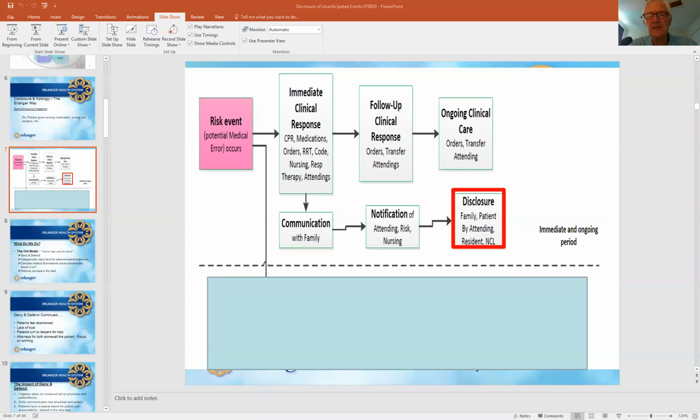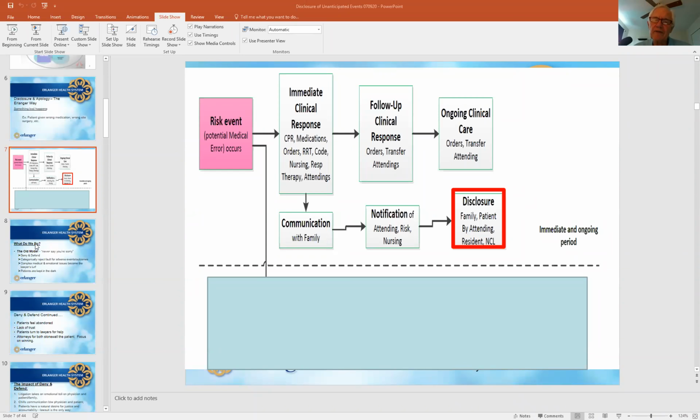And obviously that's around the medical care for that patient, whether it's giving medication, CPR, rapid response team, talking and working with nursing or respiratory therapy. And then obviously following up after the clinical response, what are the orders? Does that patient need to be transferred someplace? And then the ongoing clinical care.